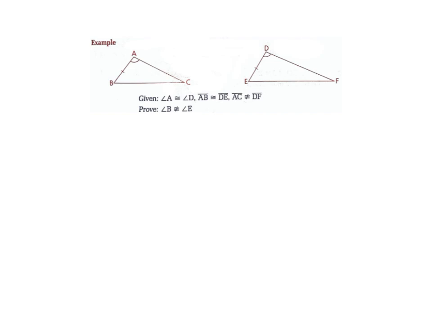So either angle B is congruent to angle E, or angle B is not congruent to angle E. So we're going to assume the negation of what we would like to prove.